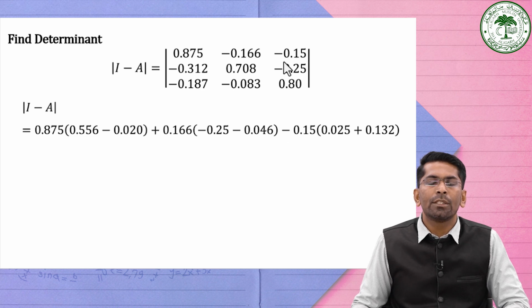Minus the third element, it is minus already there, so we put here minus 0.15, crossing the first row and the third column: minus 0.312 into minus 0.083, which is equal to 0.025, then plus 0.708 into minus 0.187, minus will become plus, so it will be 0.132.